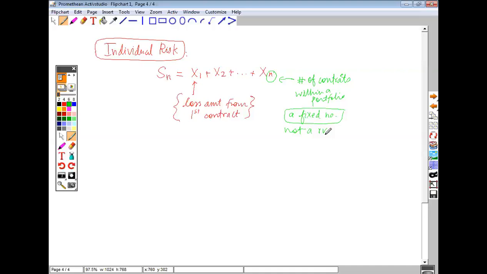But whenever it comes to collective risk models, which is the separate kind of risk, the next type of risk that you can have is collective risk. Would anyone want to guess what might be happening here?